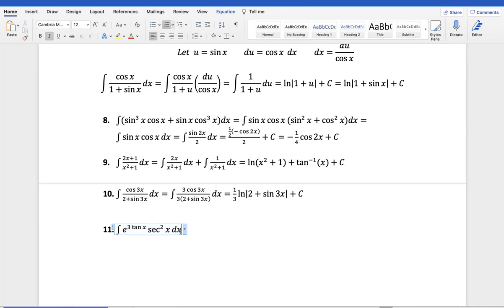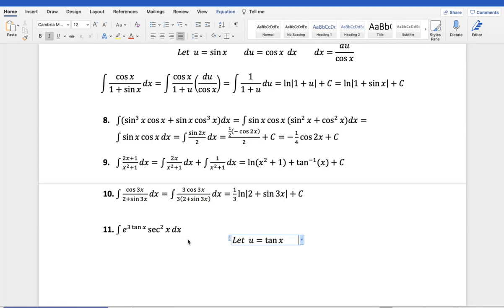Looking at the next problem, we have the integral of e to the 3 tan x times sec squared x. If we make use of u substitution here, we can say let u be equal to tan of x.